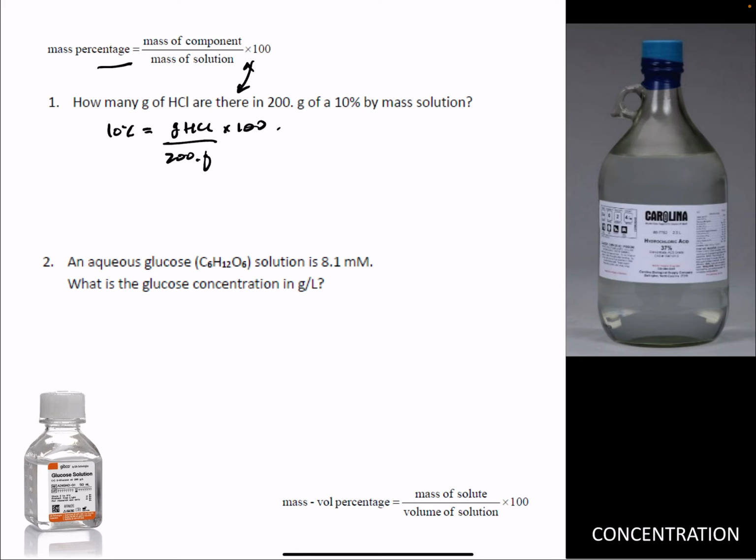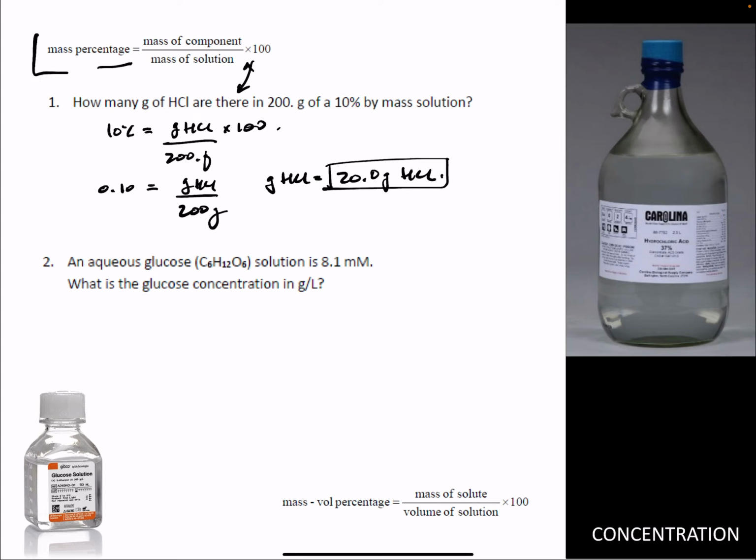If I divide both sides by 100, I get 0.10 equals grams of HCl over 200 grams. Multiply both sides by 200, and I get 20.0 grams of HCl. So that's just using mass percentage.